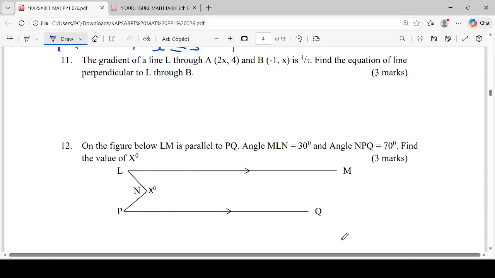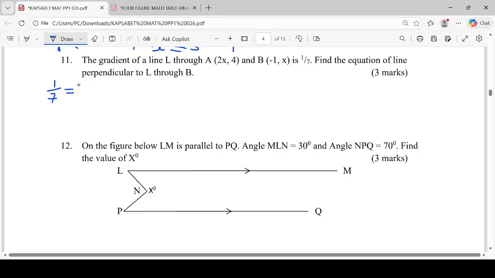The gradient of a line L through A (2, 4) and B (negative 1, x) is 1 over 7. Find the equation of the line perpendicular to L through B. So because you know that gradient, which is given by 1 over 7, should be given by change in y over change in x.